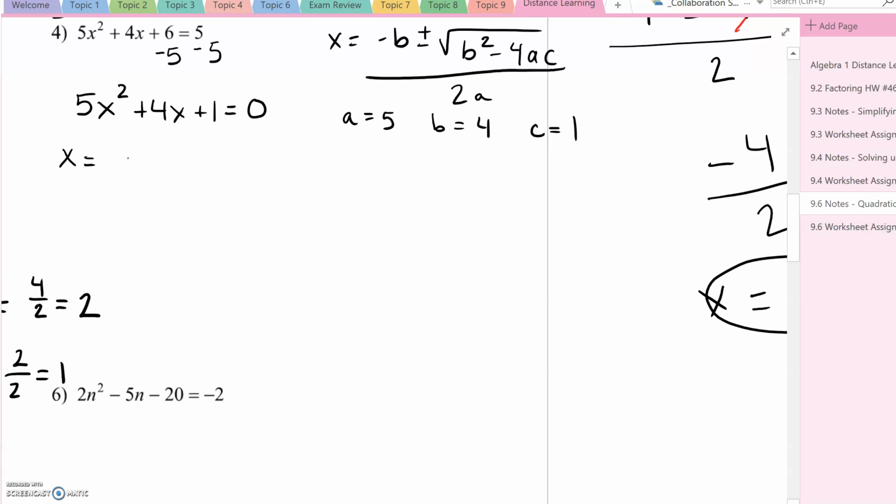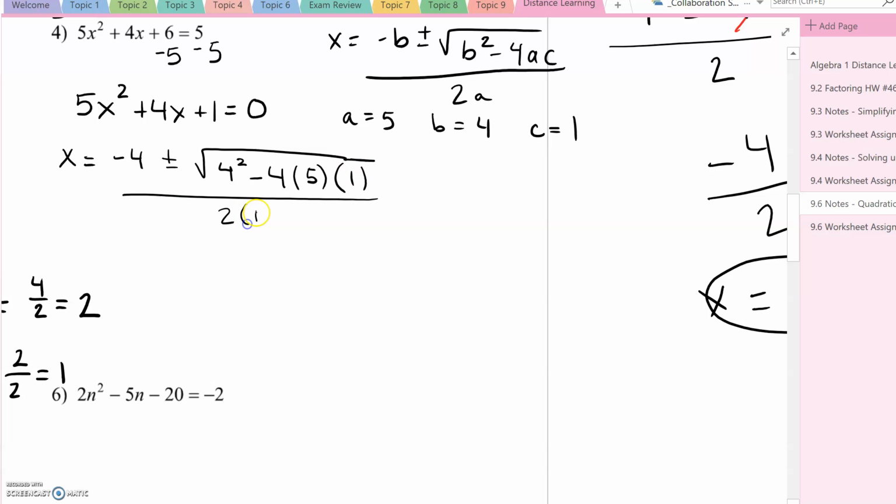X equals negative 4 plus or minus the square root of 4 squared minus 4, so many 4s, times 5 because a is 5, times 1 because c is 1, all over 2 times 1. So we took our quadratic formula and plugged in all of these numbers for a, b, and c.